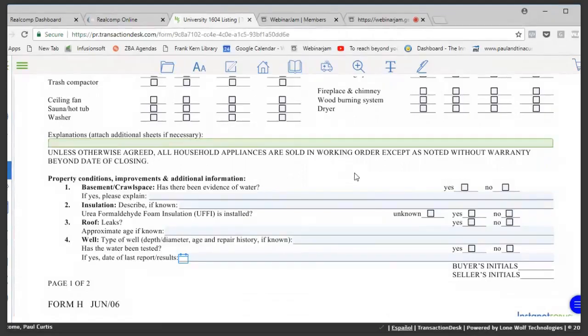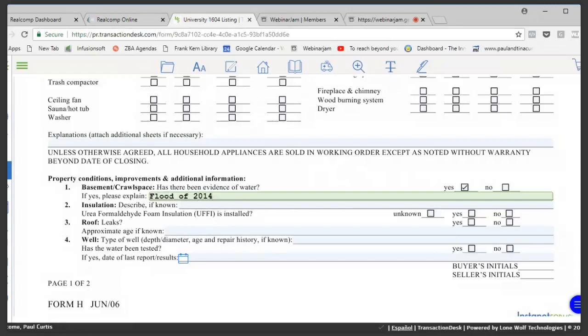Well, if they had this house in the great flood of, I think it was 2014, did it get water? Yes, it did. So they would put yes, it had water, and you can explain that. You can say flood of 2014.